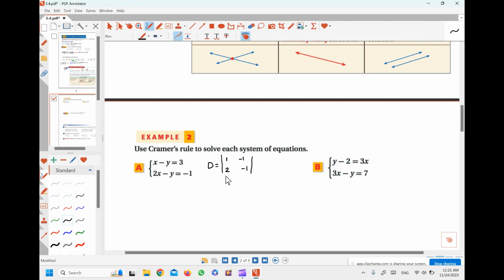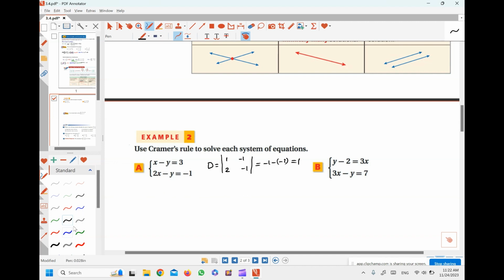This is your denominator. This is the first thing we need to do after writing the equations in standard form. So multiply numbers in the main diagonal, 1 by negative 1, minus, multiply numbers in the other diagonal, 2 by negative 2, negative 2. Negative, negative makes positive, 2 minus 1, 1.